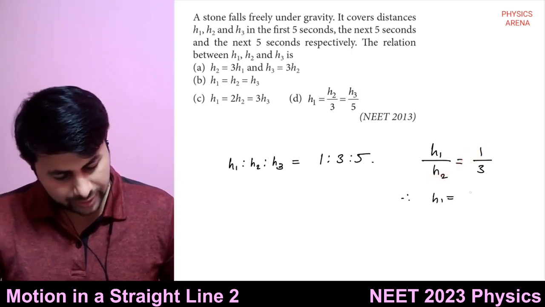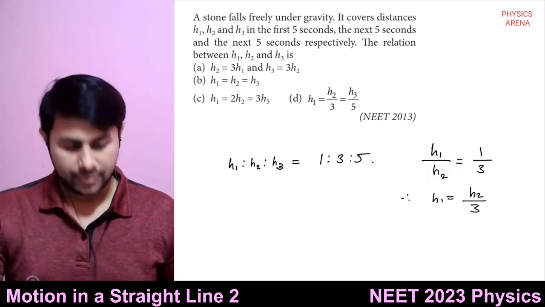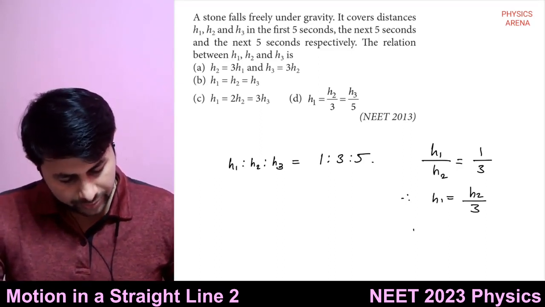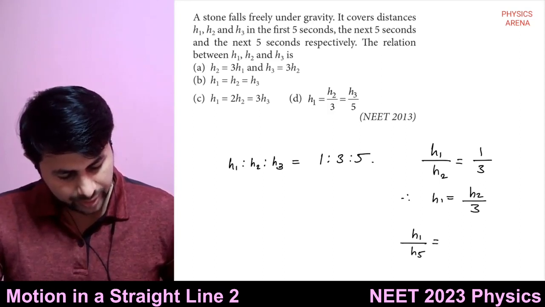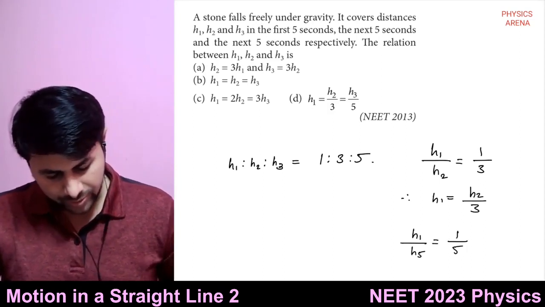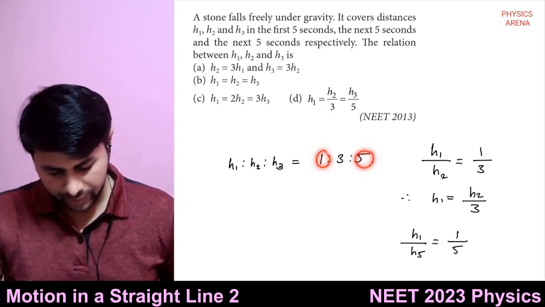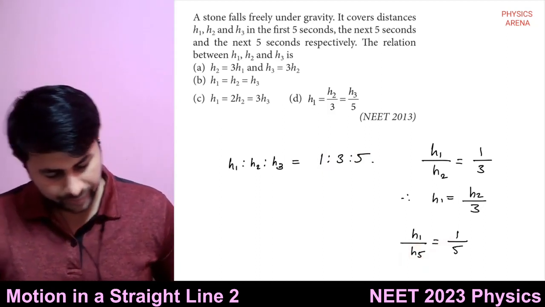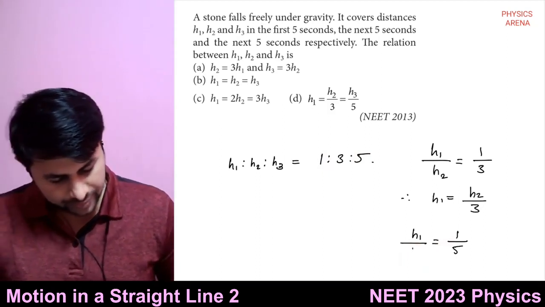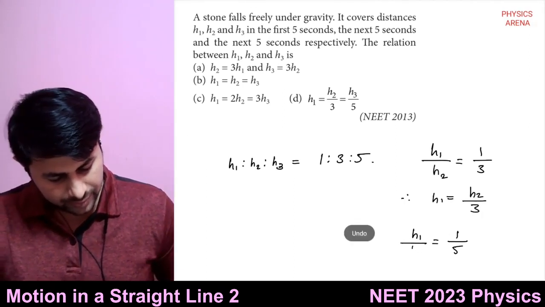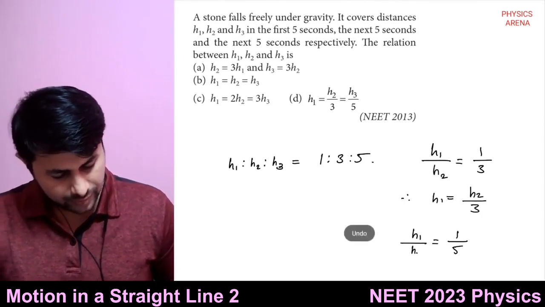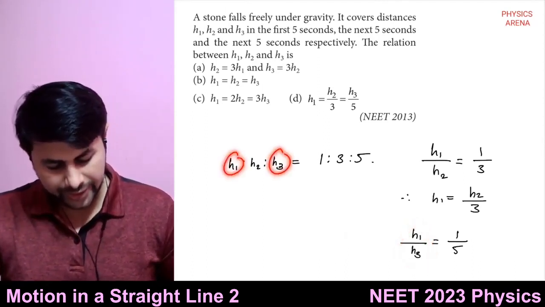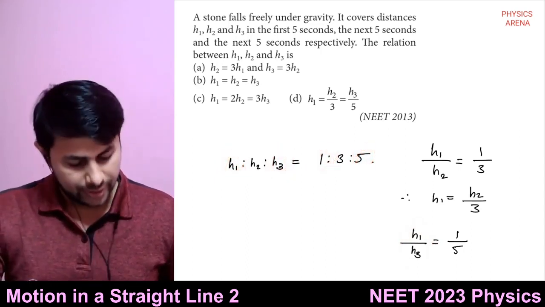So h1 is equal to h2 divided by 3, and similarly h1 upon h3 is 1 divided by 5, so it is 1 upon 5.